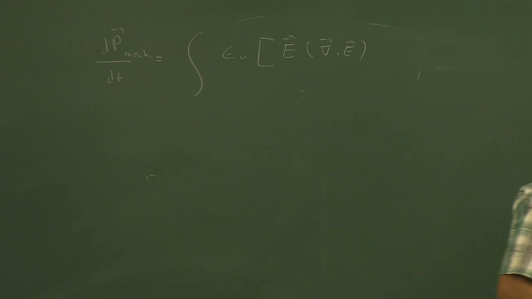At this point I will introduce a term that is effectively 0, but it will create a very nice symmetry. If you look at what Maxwell's equations we used so far: the first Maxwell equation, the modified Ampere's law, and Faraday's law. So we used three of them.